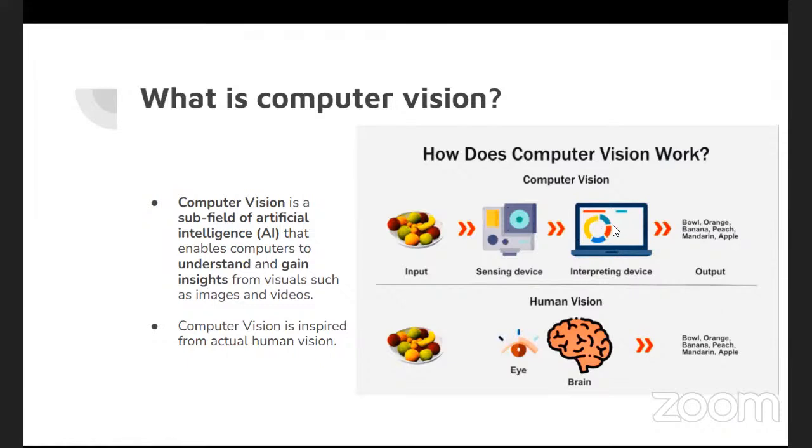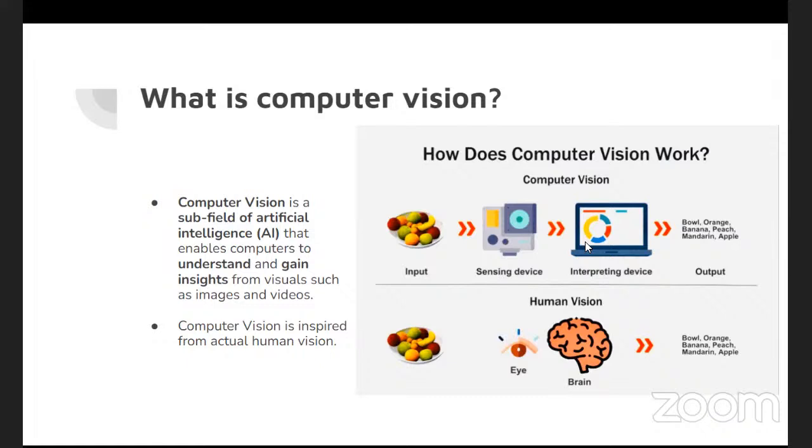It will extract that yes, it's yellow in color, it's a semicircular type of shape, and it's long. Using these features, we'll be able to predict that yes, this is a banana. So this is how computer vision actually works.